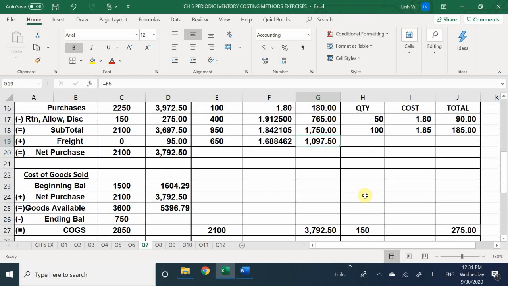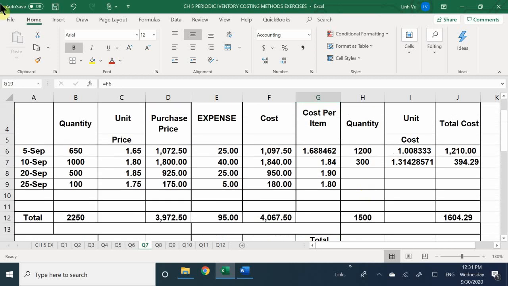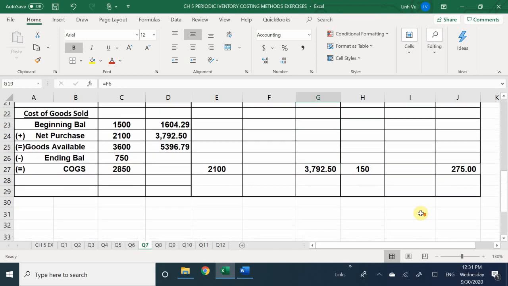All right, so that is exactly how much that we've sold, which is 2,100, but we have to sell a total of 2,850. So in this case, let's go ahead and dive into our beginning balance right here. So we have 300 at for that much. Now let's see.